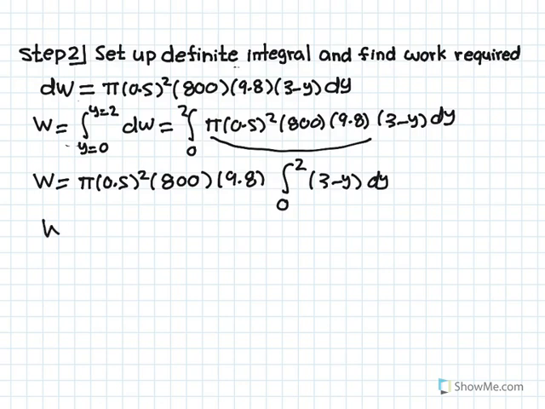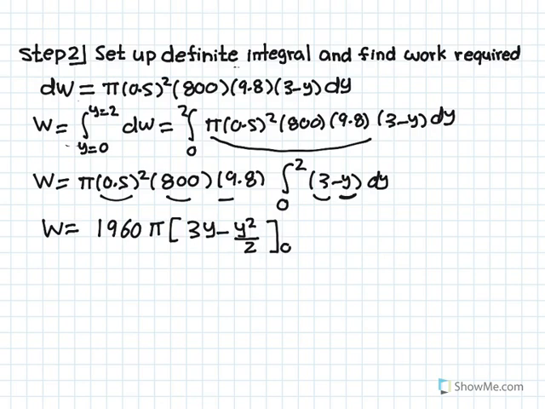All right, so if we simplify this, multiply all these numbers out, we're going to get 1960 times pi times the integral. Let's integrate. What is the antiderivative of 3? That's just going to be 3y, reversing the power rule. What is the antiderivative of y? Add 1 to the exponent, divide by the same number, we get y squared over 2, evaluated from 0 to 2. So the work is equal to 1960 pi.